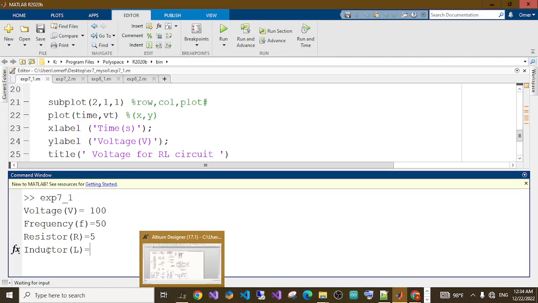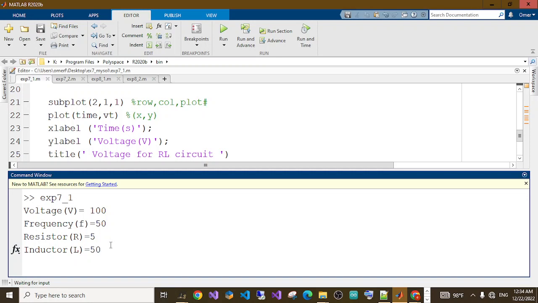Inductance is 50 millihenry. You have to convert it into Henry. So 50 multiplied by 10 to the power minus 3.